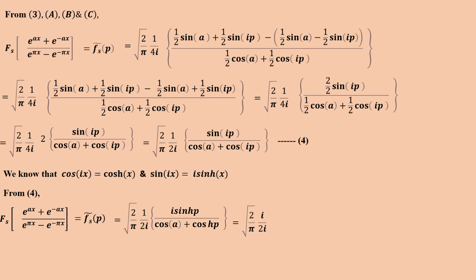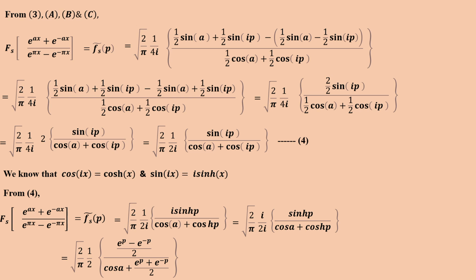That is equal to root 2 divided by pi, i is in the numerator, take it outside, i by 2i, sinh p by cos a plus cosh p. i and i get cancelled. So root 2 by pi times 1 by 2. Now sinh a can be written as e^a minus e^(-a) by 2. Same idea, instead of a you are having p, e^p minus e^(-p) by 2.